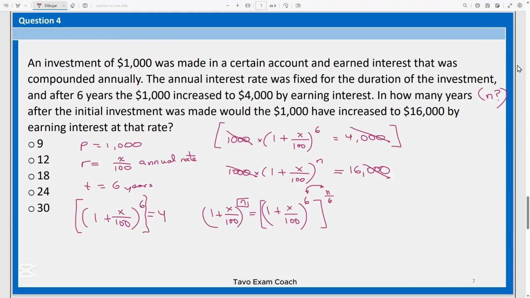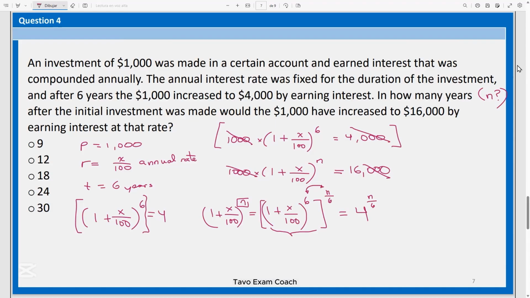So we can say that the two expressions are equivalent, but we know that the value of what is in the square brackets is 4. So this equals 4 up to n over 6.